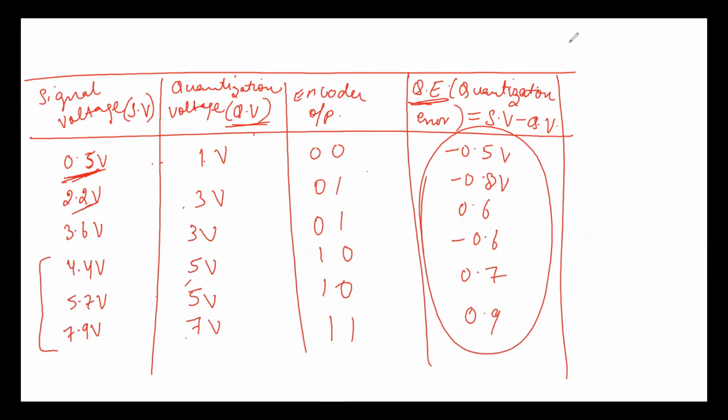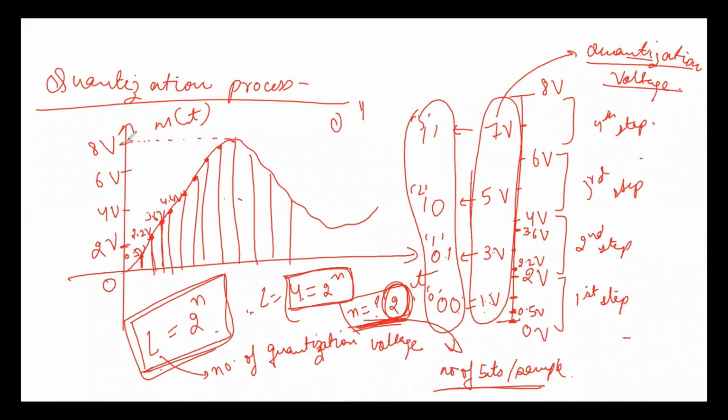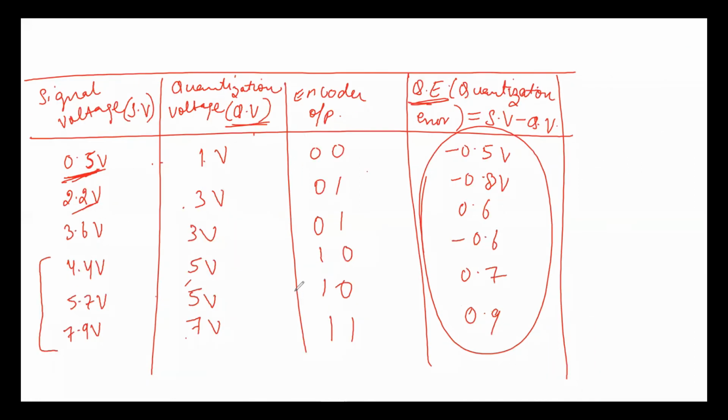So the first step is to divide this range. 0 to 8 volt is the dynamic range of the signal. We have to divide it into L number of equal steps. Here I have divided it into 4 steps, that's why capital L is 4.